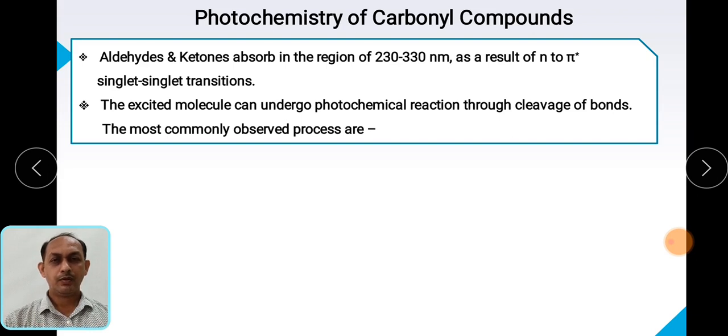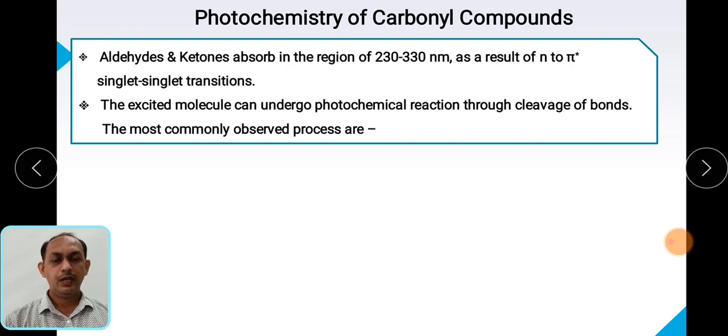Another is pi bond, pi electrons, which are present in carbon double bond oxygen bond. And there is also one more electron, that is non-bonded electron, which are present on the oxygen as a part of the lone pair. So here we have three types of electron: sigma, pi and n.